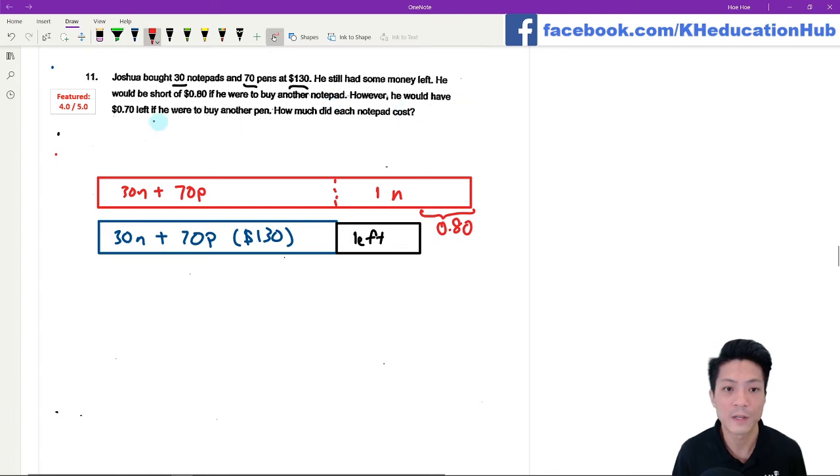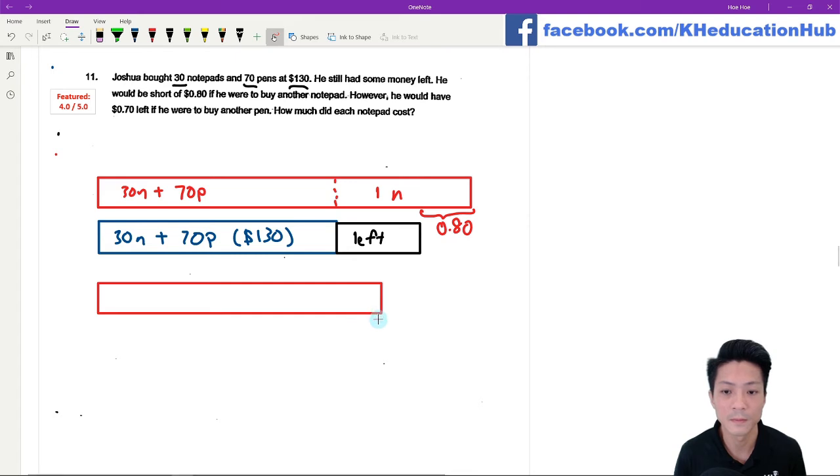Okay, however, he would have 70 cents left if he were to buy another pen. So I'm gonna draw a block below here. Okay, this block is going to represent over here the same thing, 30 notepad plus 70 pen. Okay, this would be 1 pen.